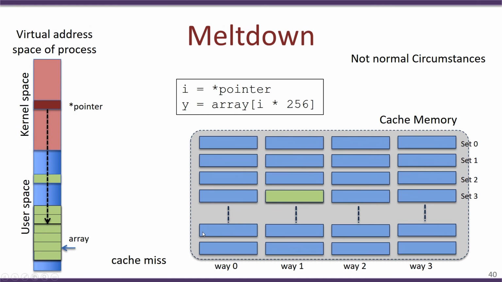On the other hand, when the attacker finally accesses this specific memory location, it would obtain a cache hit due to the fact that this particular element is present in the cache. Now, the attacker would use this lower execution time for memory access of this particular location, identify some information about the value of I, and therefore be able to determine some information about what was present in this specific memory location in the kernel space.